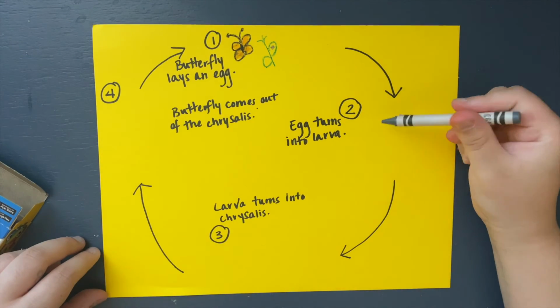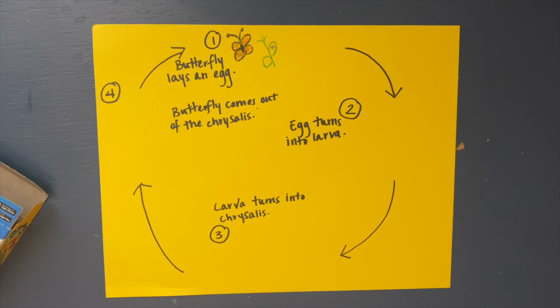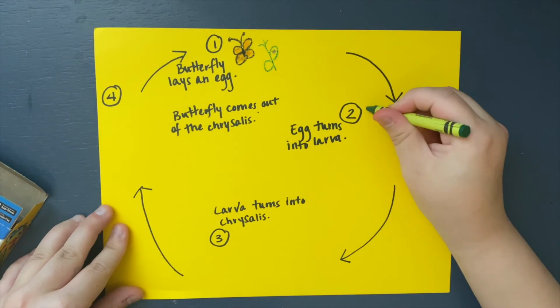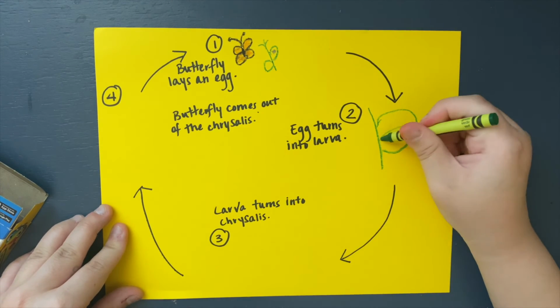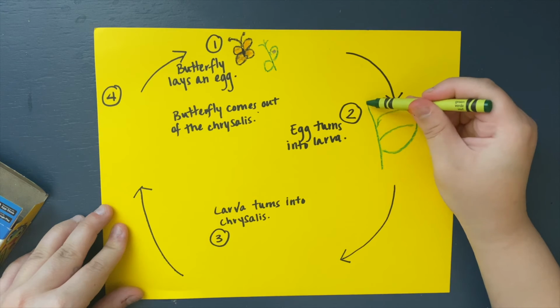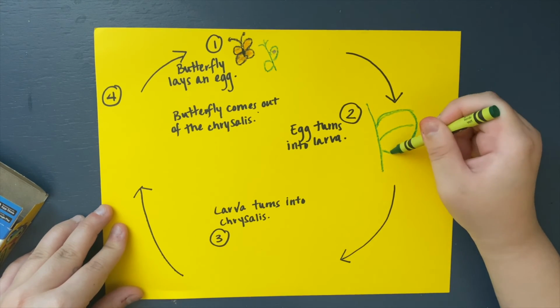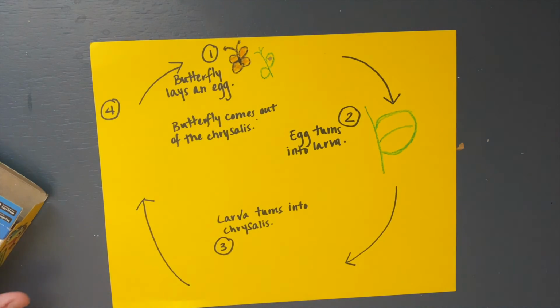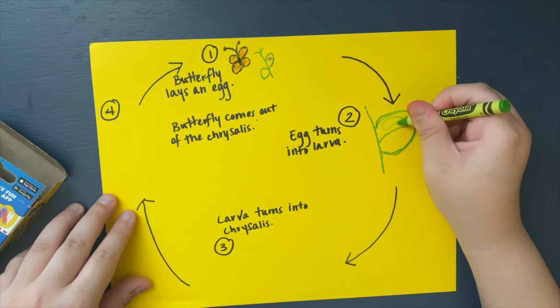So let's read the next one. The egg turns into a larva. And so I'm gonna draw the plant, but up closer. So there's the leaf on the plant. I'm gonna show a worm.